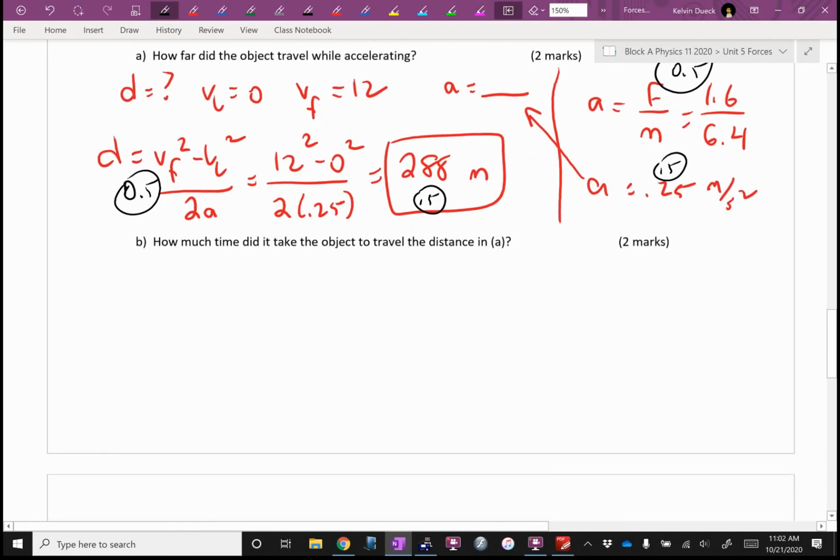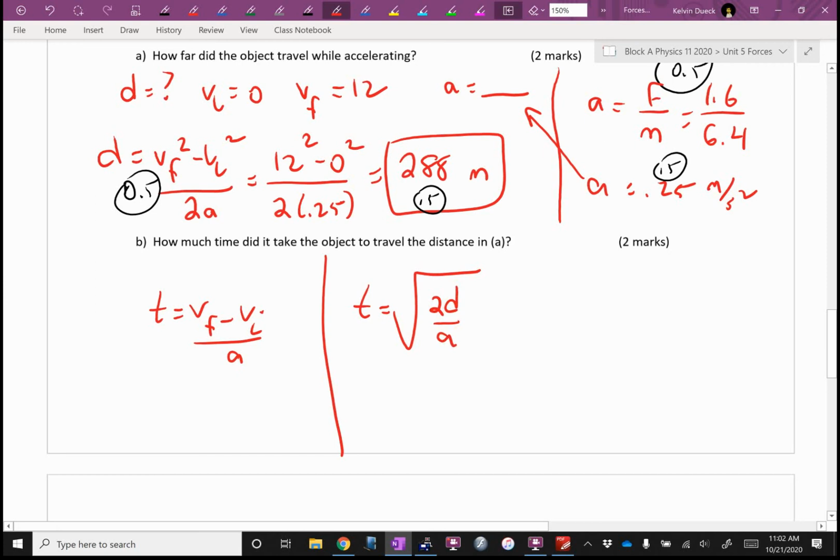And you're right, Annika said, Mr. Duick, why is this 2 marks? Because technically you did have to rearrange an equation and use some stuff from a previous answer. I chose to go with T equals VF minus VI over A. You could also have gone T equals the square root of 2 times D over A using your answer from part A. You could also have gone T equals 2 times D all over VI plus VF.